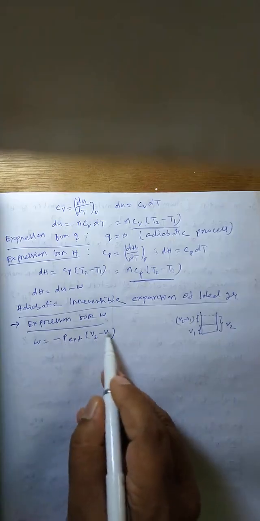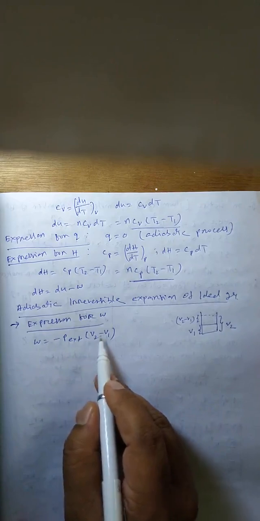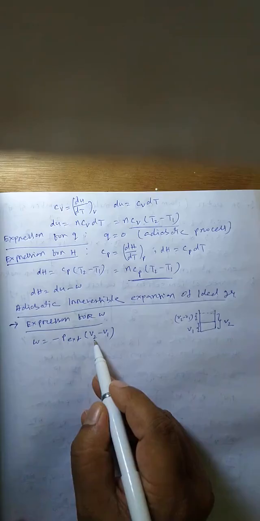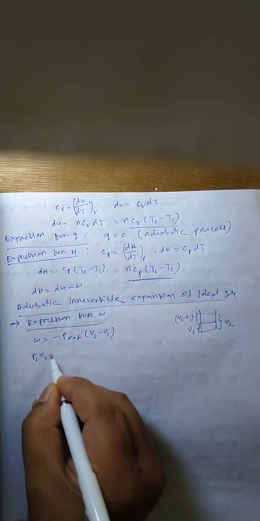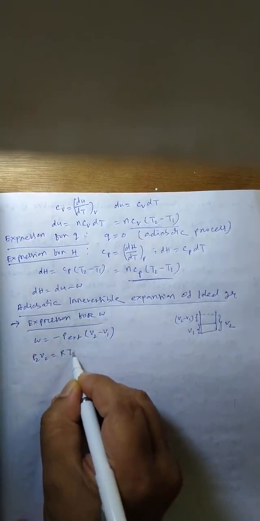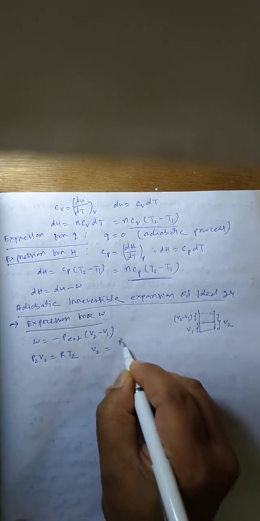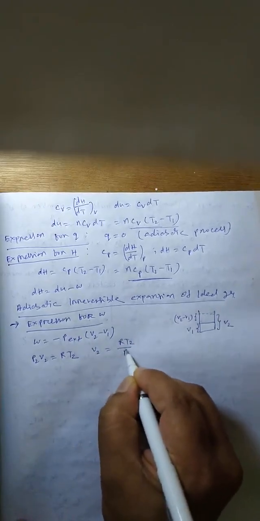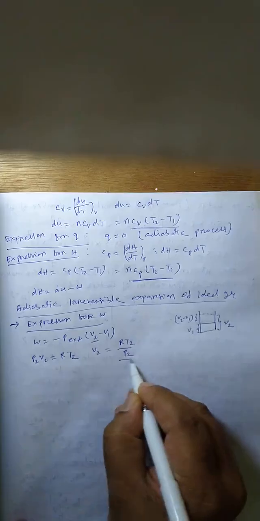Suppose the volume is not given to you. Then from the ideal gas equation you can substitute the value of V. We know that P2V2 is equal to RT2, then V2 is equal to RT2 by P2. So in place of V2 I can substitute this.